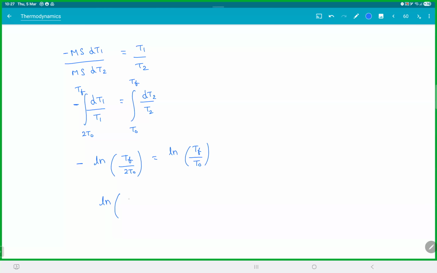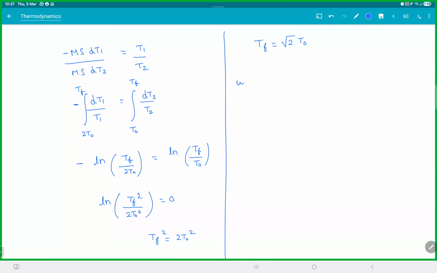Bring both to one side, and you end up with ln of T final squared by 2T naught squared equal to 0. Therefore, T final squared is equal to 2T naught squared. So T final is equal to root 2 T naught. Check. So finally, both systems' final temperature becomes root 2 T naught.